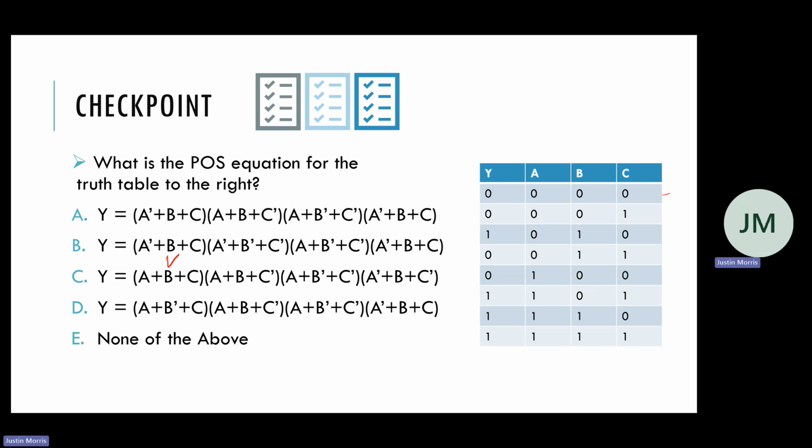Now let's see if it has 1. This is 1. Does it have 3? Yes, this is 3. Does it have 4? This is not 4, right? That's 5. So we eliminated this one first, and then we eliminated this one, so the last option is E. Right?